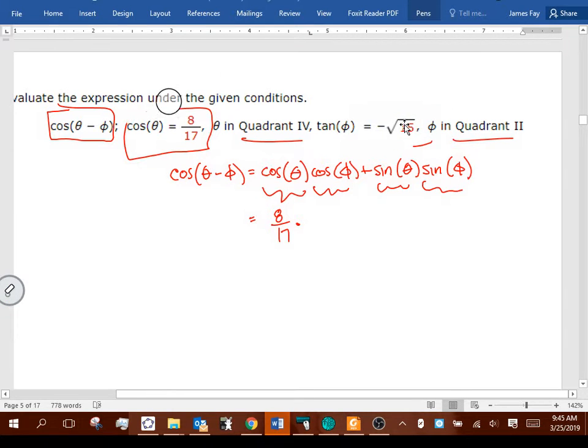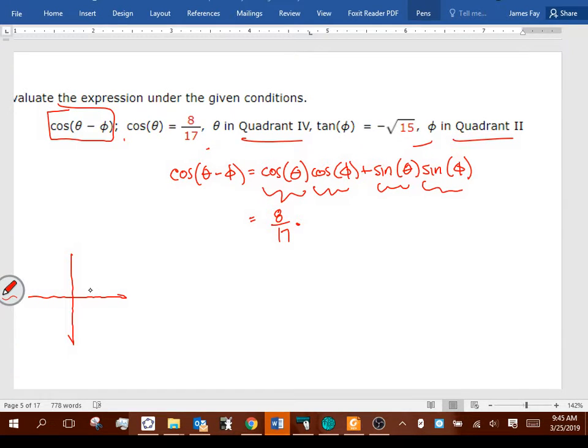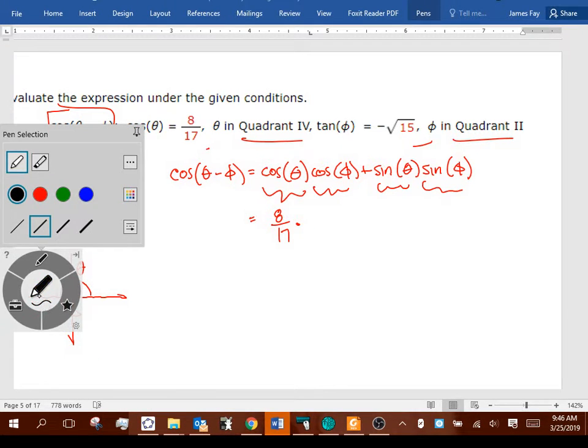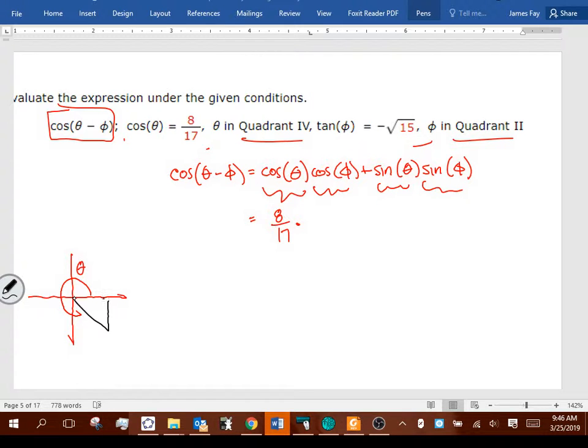So what we have to do is draw a picture every single time. We'll draw a picture to figure out what theta is. Cosine theta is 8/17. Theta is in quadrant 4. So maybe that's my angle theta. In quadrant 4, then, doesn't there exist this right triangle? If they're giving me cosine of 8/17, doesn't it give me that information right there?